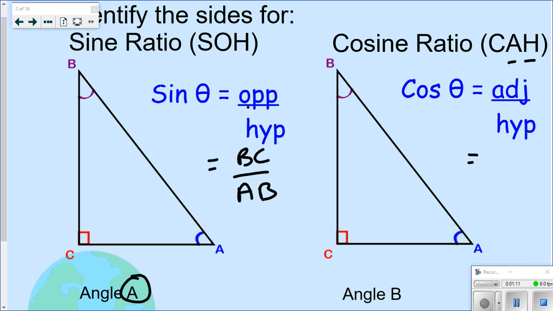Or in the case of this triangle, sorry, we're dealing with angle B, AB. Notice it's the same ratio, right? BC divided by AB for both of them. But because we switched which angle we're looking at and which ratio we're looking at, it actually ends up being the same ratio. This is why naming triangles becomes so important.